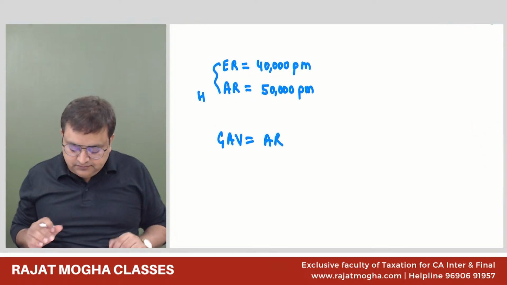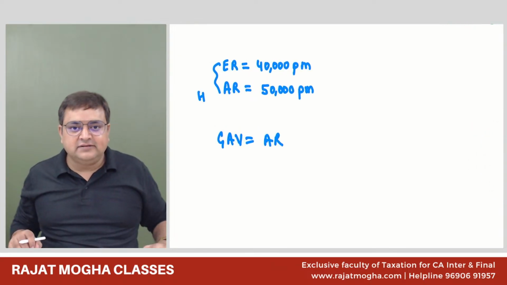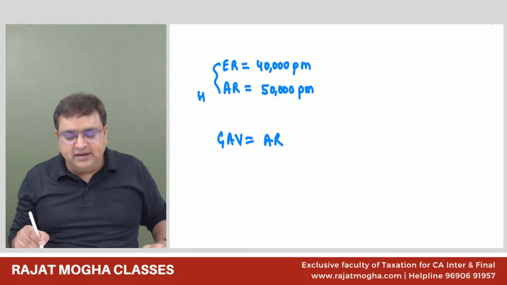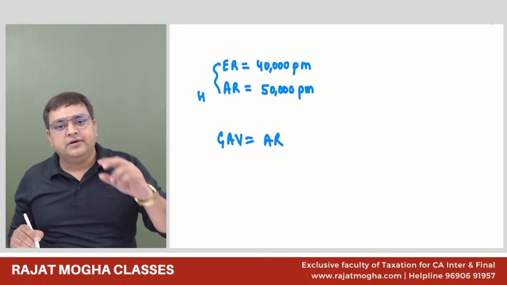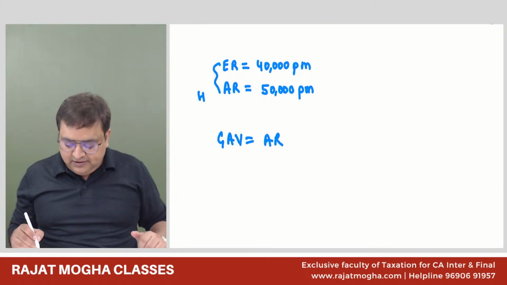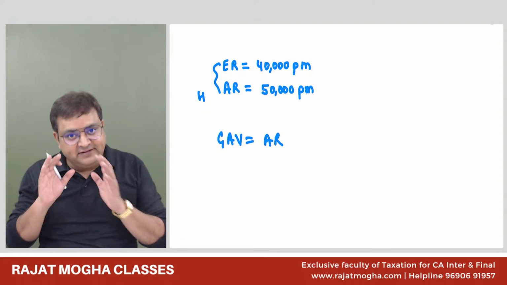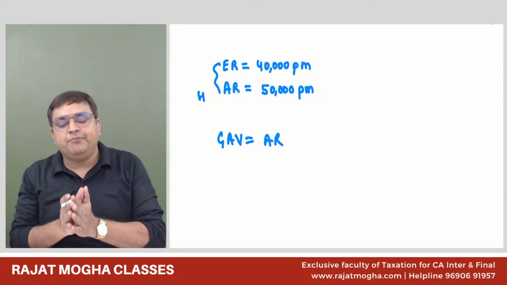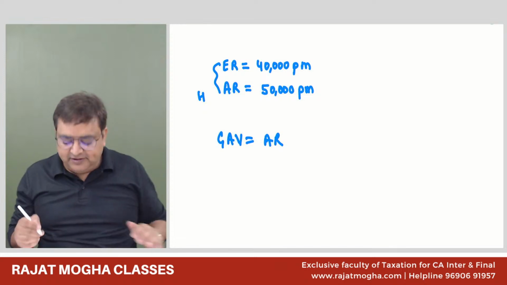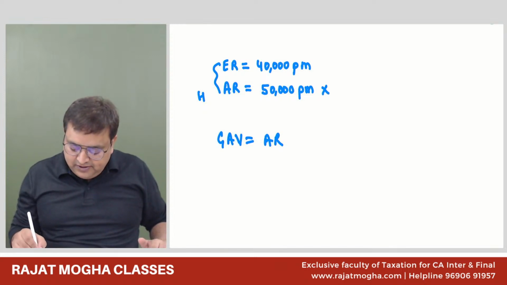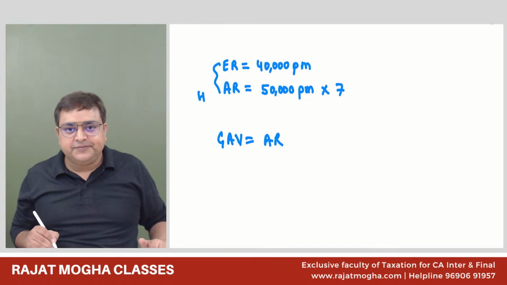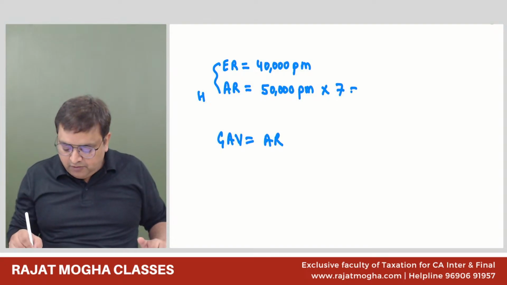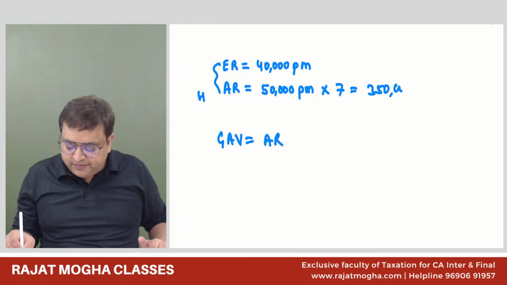Now, in this case, let's say the property is vacant for 5 months, so it was let out for 7 months. How much would it be? 3,50,000 rupees.